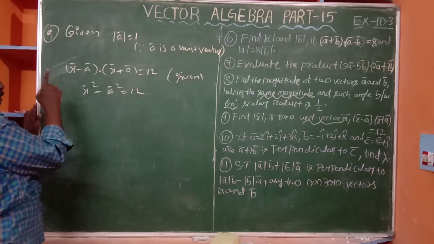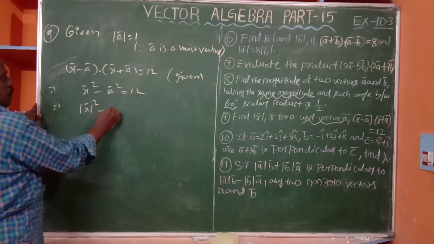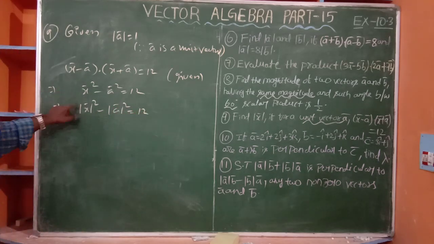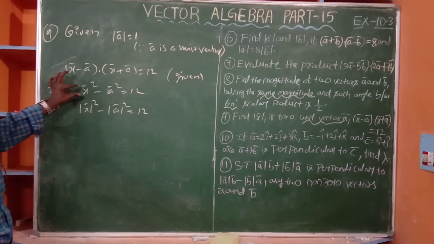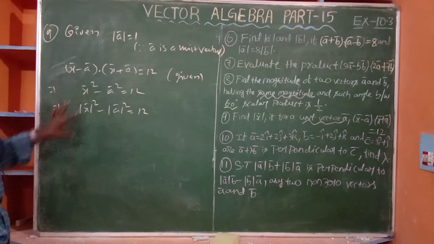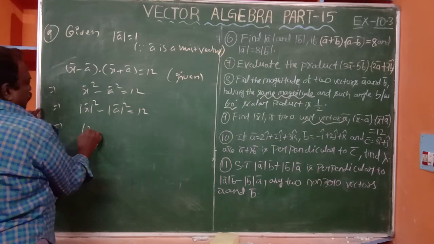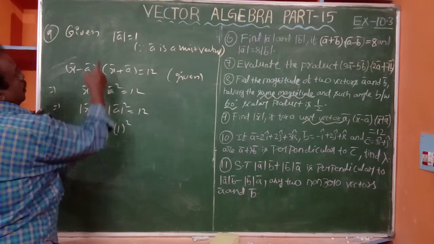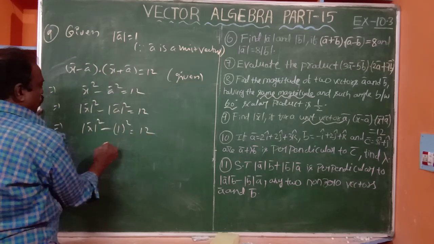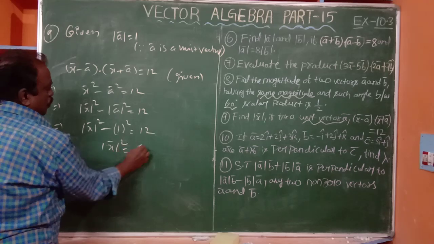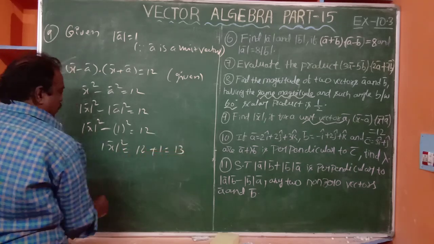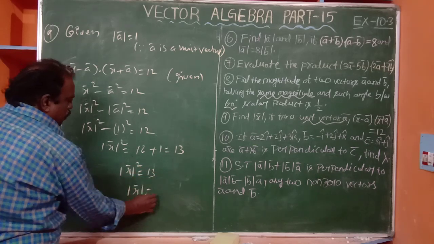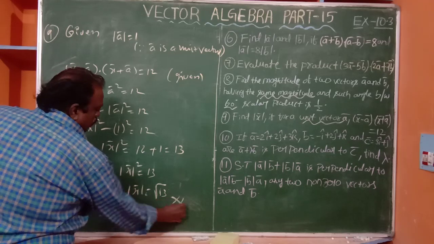Actually, the square of a vector means the square of its magnitude. Okay? Note it well. The square of any vector is nothing but the square of its magnitude. Modulus of x bar square, minus 1 square, since modulus of a bar is 1, is equal to 12. Modulus of x bar square is 12 plus 1, that is 13. Modulus of x bar is equal to root 13.